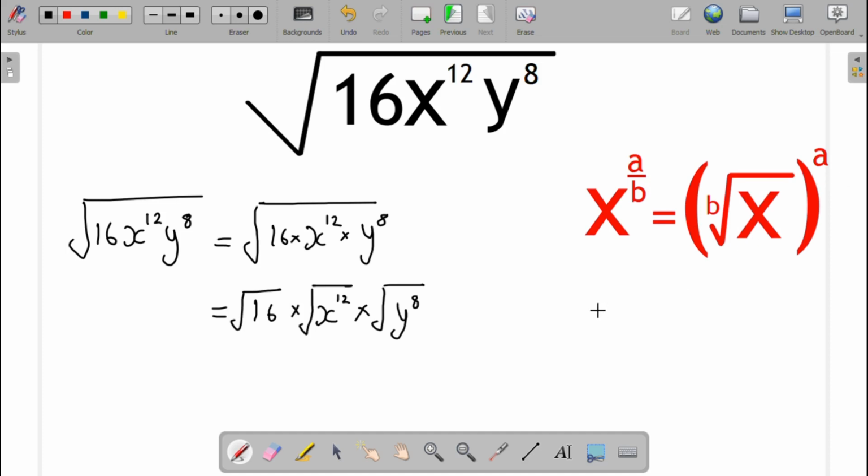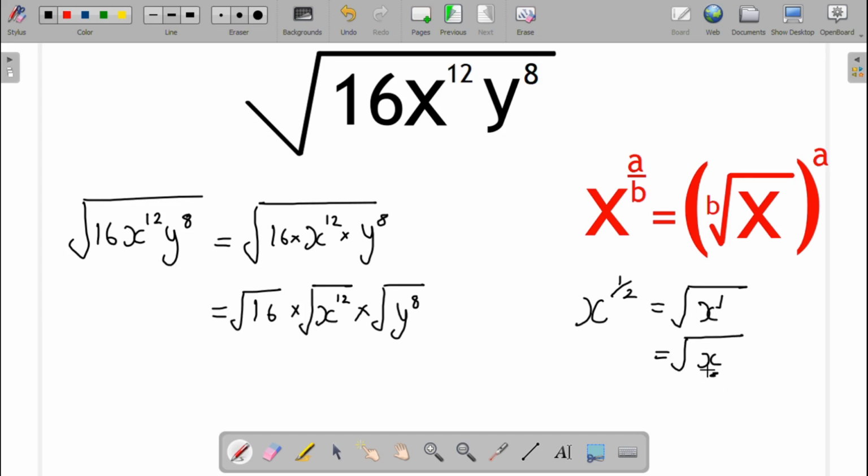If you have x raised to power 1 over 2, the denominator takes the root sign, that is the square root of the number x, and then raised to power the numerator, which is 1. This is equal to the square root of x raised to power 1, which is the same thing as the square root of x.